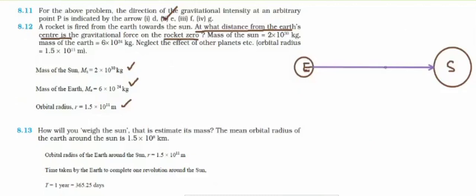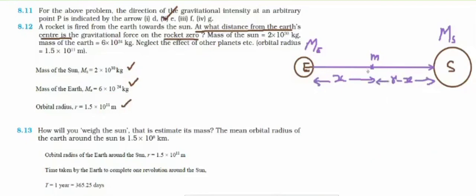And here you can take an arbitrary point where the rocket of mass small m is there. Earth has mass Me, we can take, and sun has mass Ms. Now from earth, suppose the distance is x up to this point, and the remaining distance will be r minus x, where r is the radius of earth's orbit around the sun.